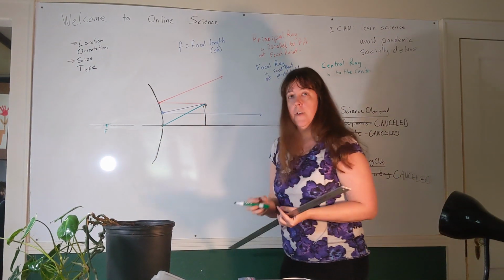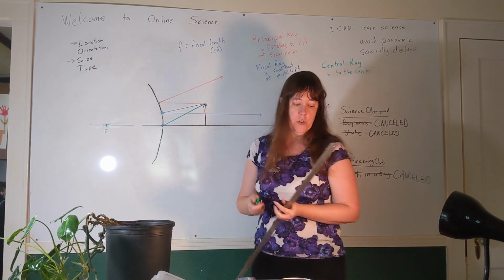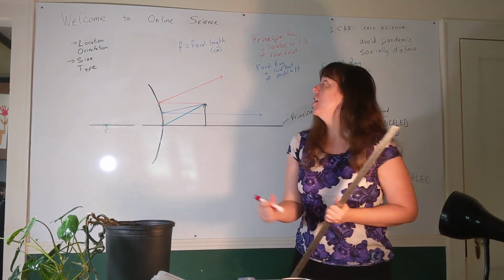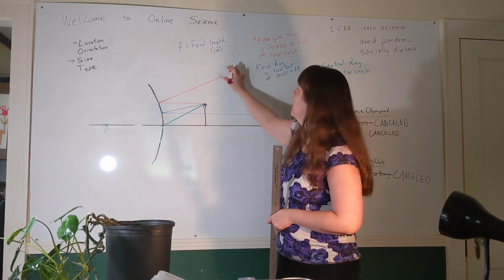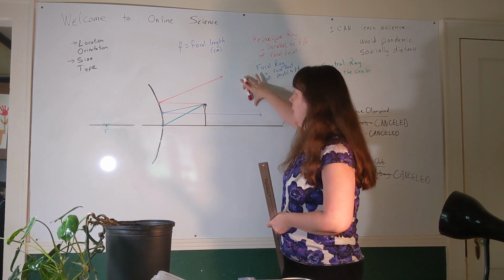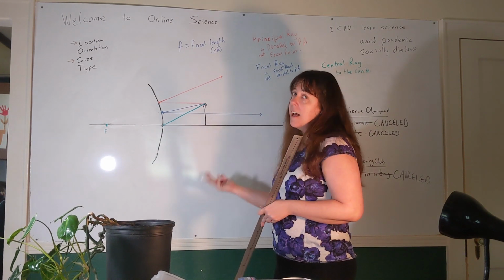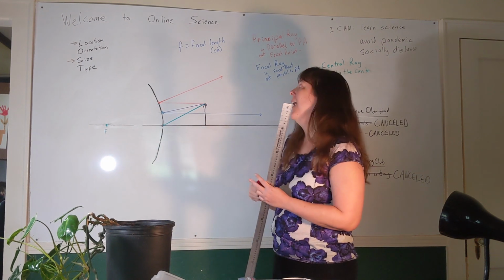But just as we did with the other two, we're not going to use the central ray to really find the image. We're going to use the central ray to check our work on our image. So the image should be where the reflected principal ray and the reflected focal ray meet. They don't cross on this side of the mirror, which tells us what kind of image we're going to have. We're going to have a virtual image, an image behind the mirror.